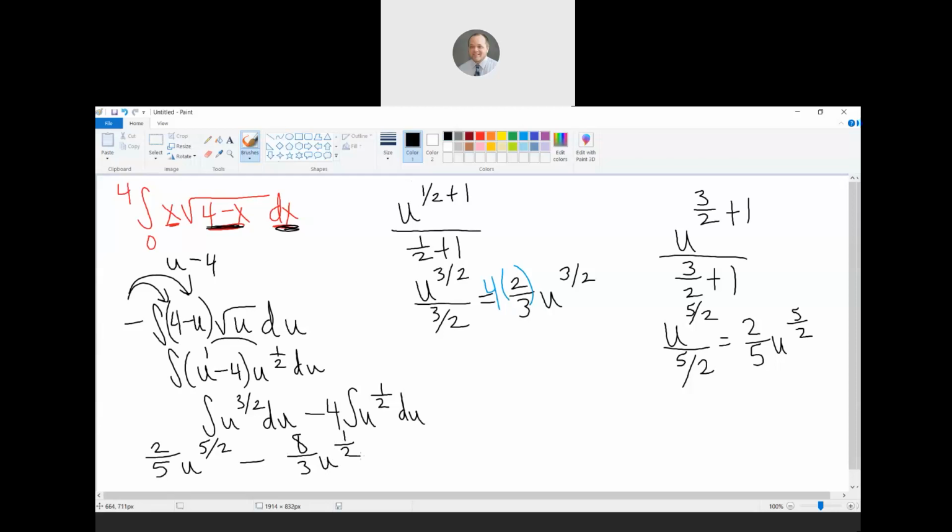Now, before we can evaluate our integral, we need to back substitute what u originally was. And y'all remember that u was originally 4 minus x.